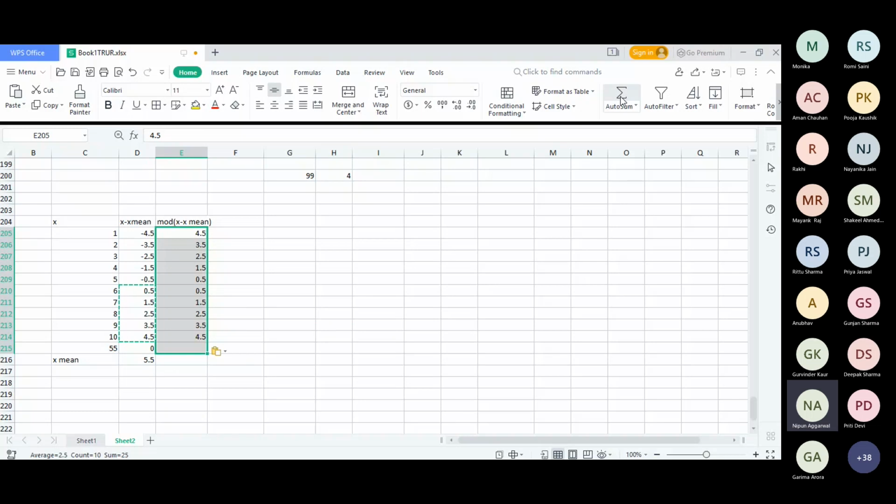Now if we add all of these, it becomes the total variation present in the data.